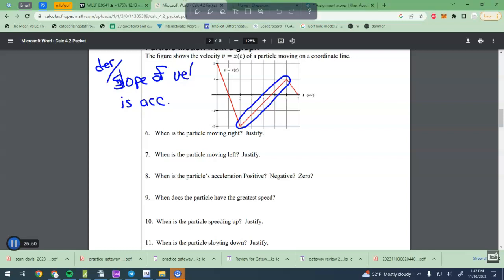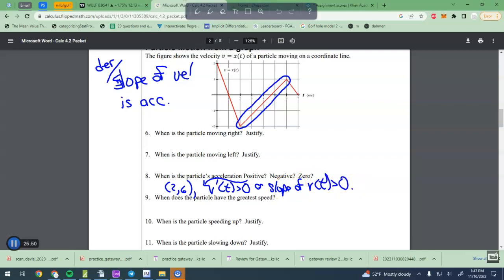And I was going more and more positive velocity in that stretch. So positive is between 2 and 6, because you could say v prime of t is greater than 0, or you could say slope of v of t is greater than 0.